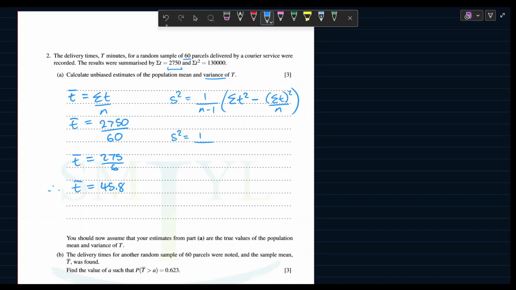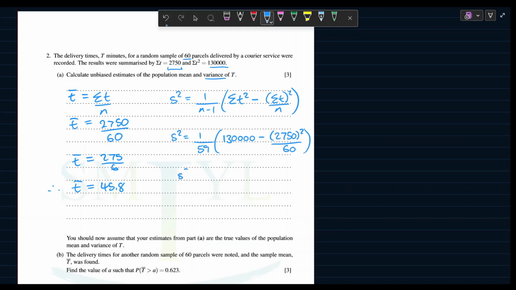So 1 over n minus 1, our n is 60, so that's 59. Then the summation of t squared, that's 130,000, minus the summation of t, which is 2750, and this is squared, and this is over n. Our n is the sample size 60.